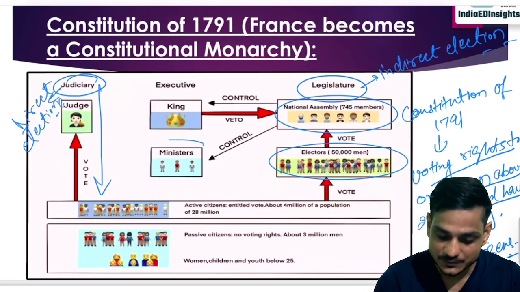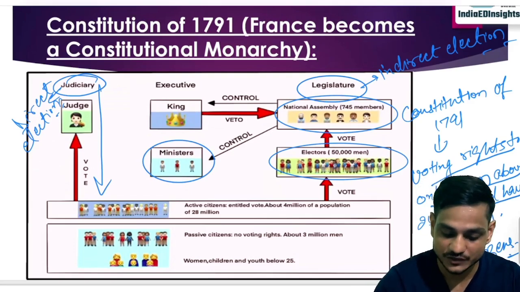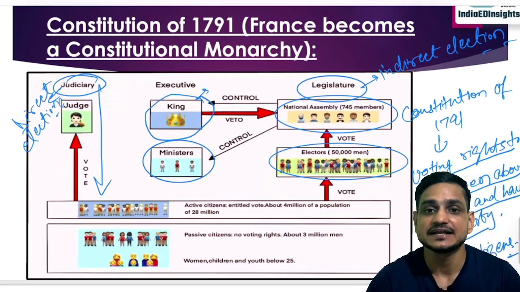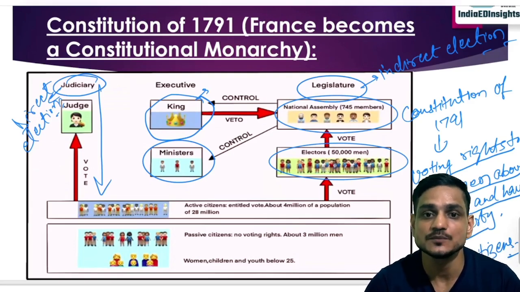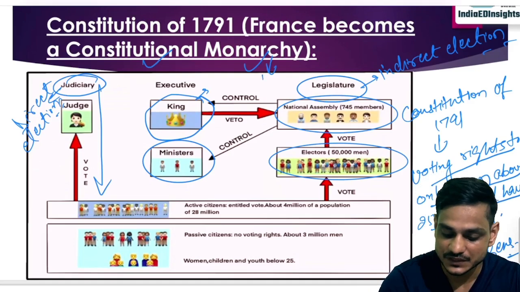The ministers were appointed. Ministers means the executive. The head of executive was king, because the 1791 constitution was constitutional monarchy. Means there was constitution, but the head of state will be king.